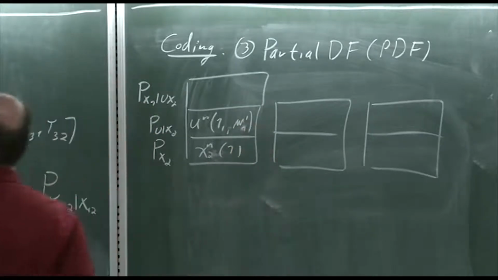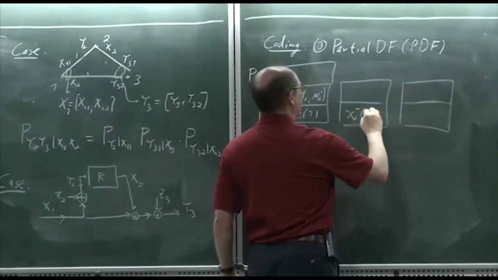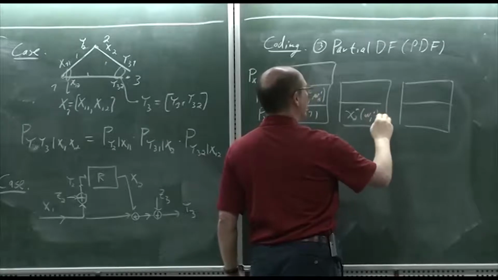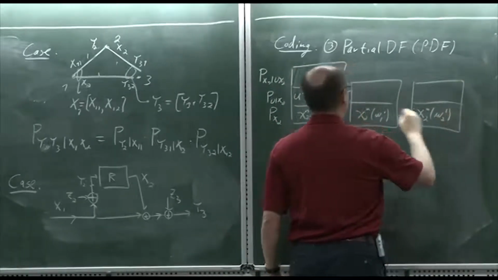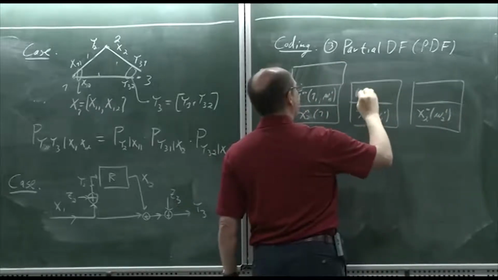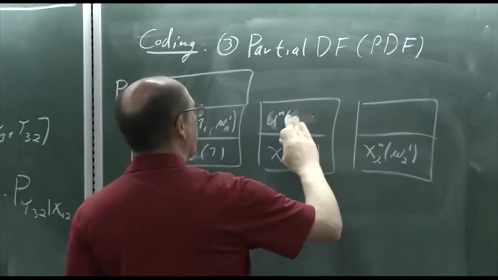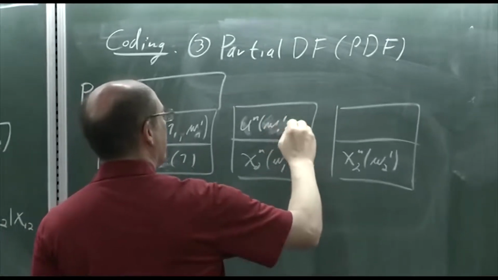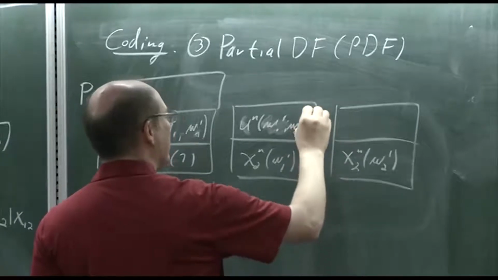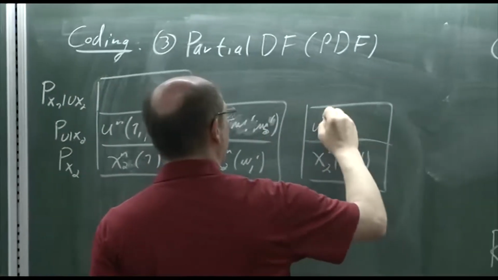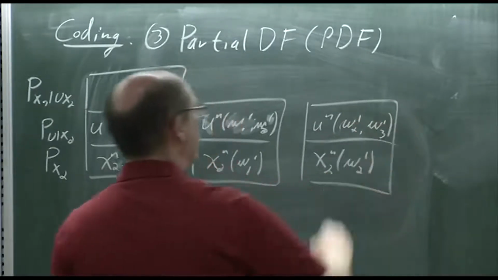That's what's going to go through here: x2^n(W1', W2'), u^n(W1'), u^n(W2', W3'), and so on, with these silly indices.